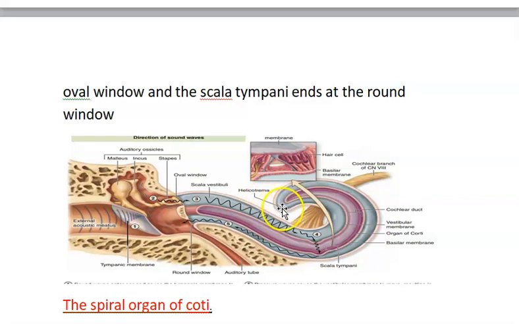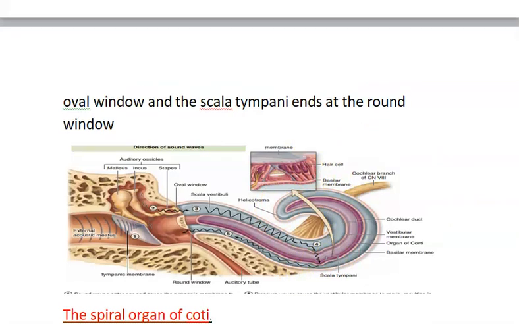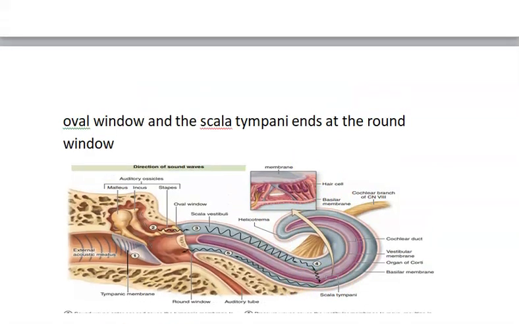And as a result, because these two tubes are communicating with each other, it is seen with no uncertain terms that the scala vestibuli and the scala tympani are but a single tube, okay? It's one tube. So this is what we were talking about. Those are the parts, the compartments in the cochlea.